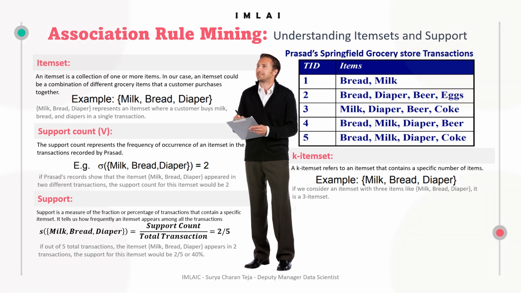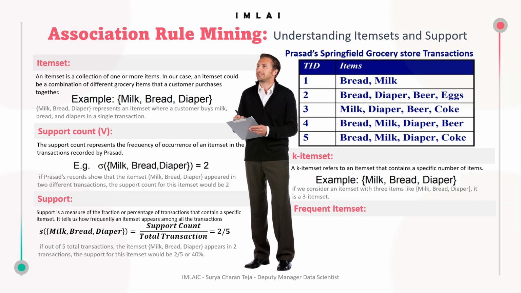So next, what we have here is frequent item set. A frequent item set is an item set that has a support value greater than or equal to a minimum support threshold set by the shopkeeper or shop owner Prasad.